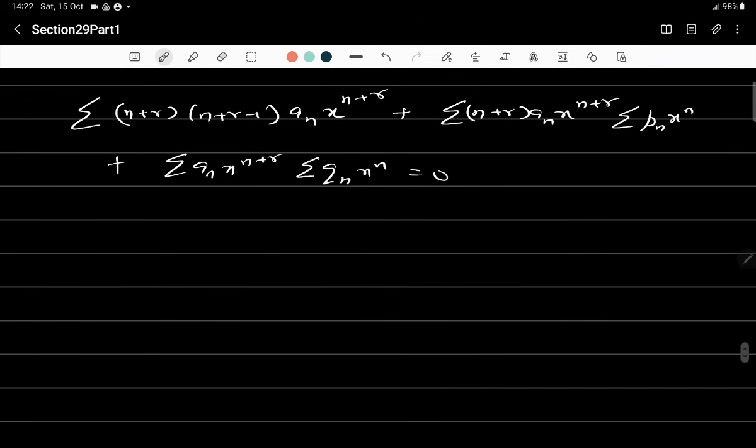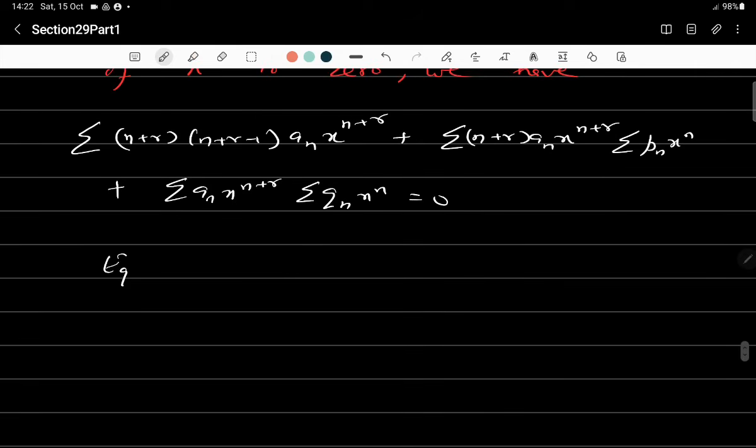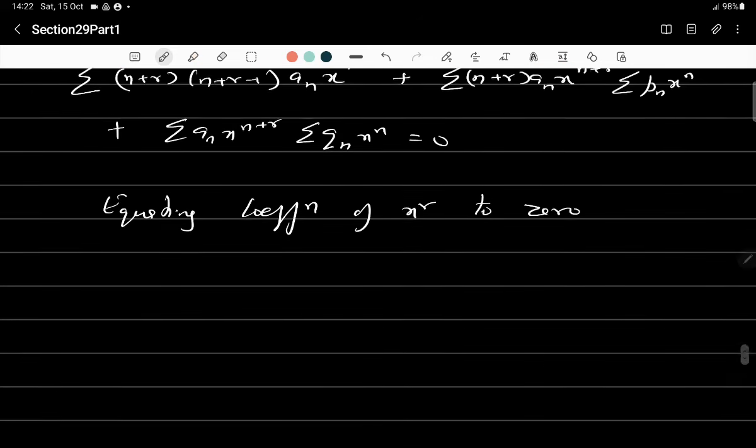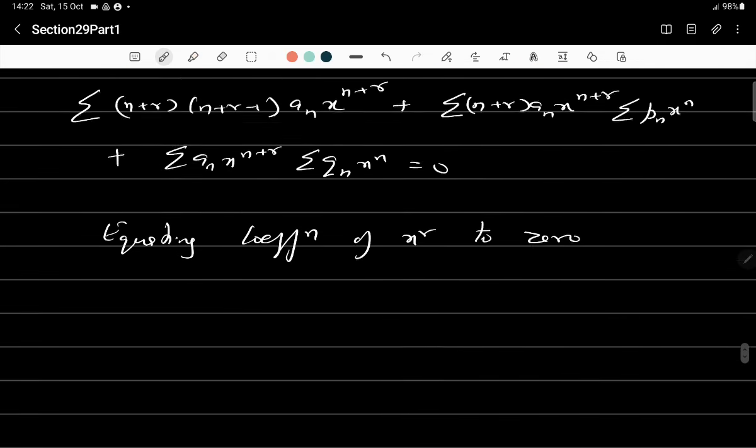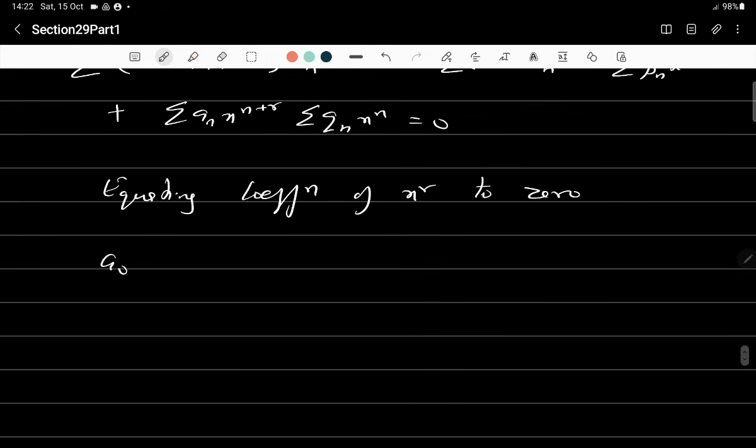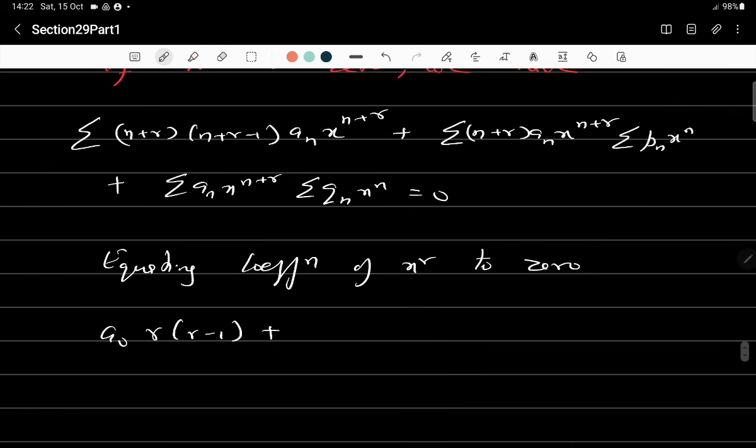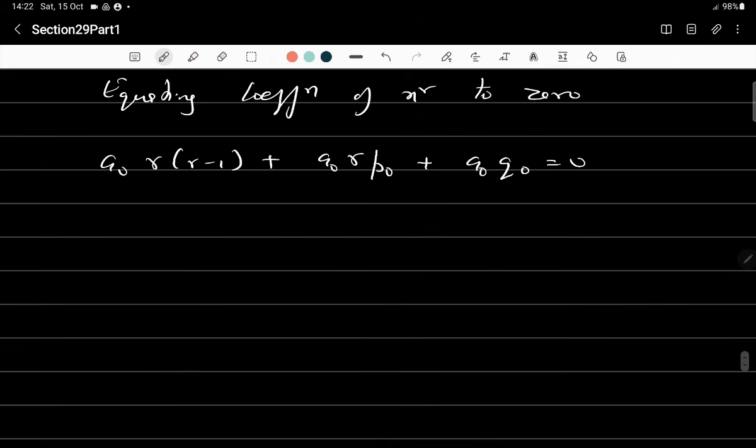Now the lowest degree term is x raised to the power r, so equating the coefficient of x raised to the power r to 0, it becomes a naught r into r minus 1, plus, from the second term, again a naught r, and from the summation I need x raised to the power 0 only, so I take p naught, and from the last one I take a naught and q naught, is equal to 0.